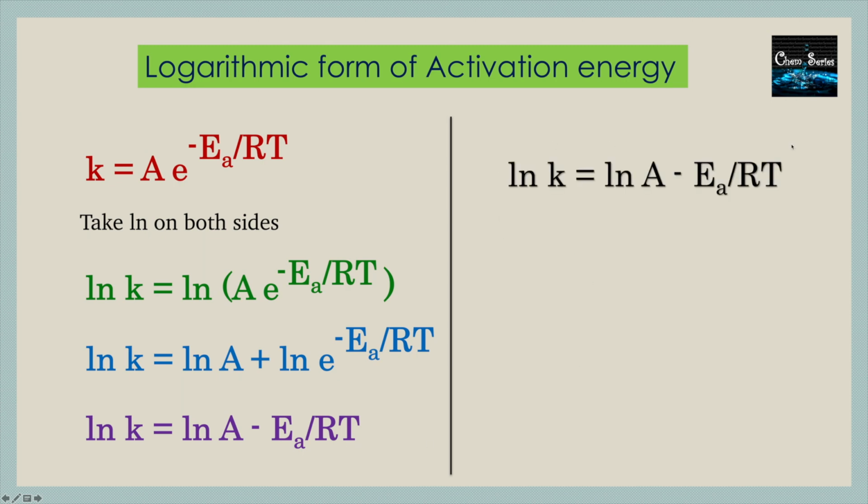Now this is the logarithmic form of the Arrhenius equation. We will construct a graph for this equation. We have already seen four graph types: y is equal to mx, y is equal to mx plus c, y is equal to c minus mx, and y is equal to some constant times x square, and x is equal to some constant times y square.